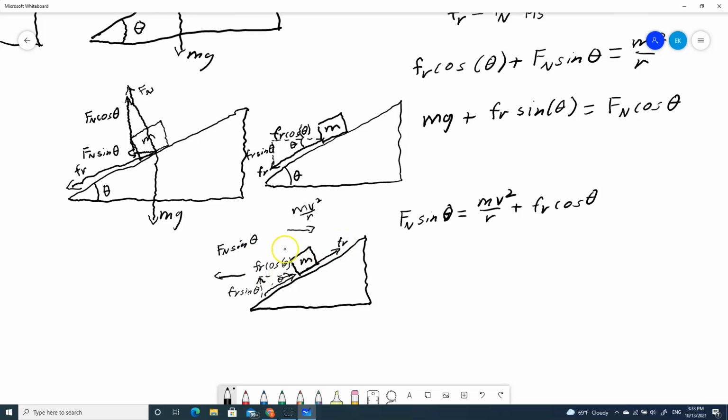It's going to be F_r cos θ, which in this case is pointing opposite to F_N sin θ. So F_r cos θ plus mv squared over r, where mv squared over r is an inertial tendency and F_r cos θ is a force, oppose F_N sin θ, and when they're equal, mv squared over r plus F_r cos θ equals F_N sin θ.